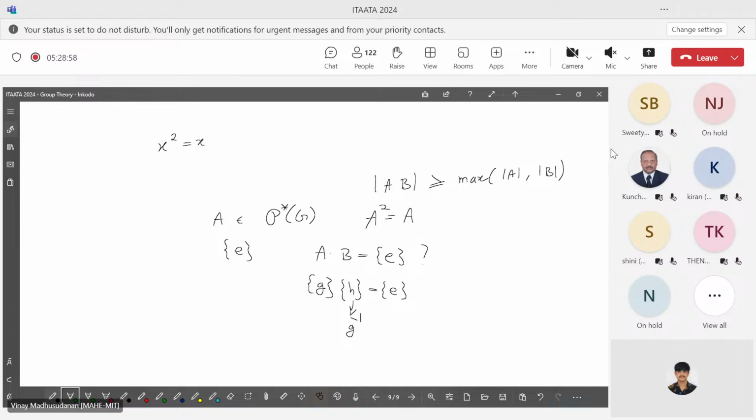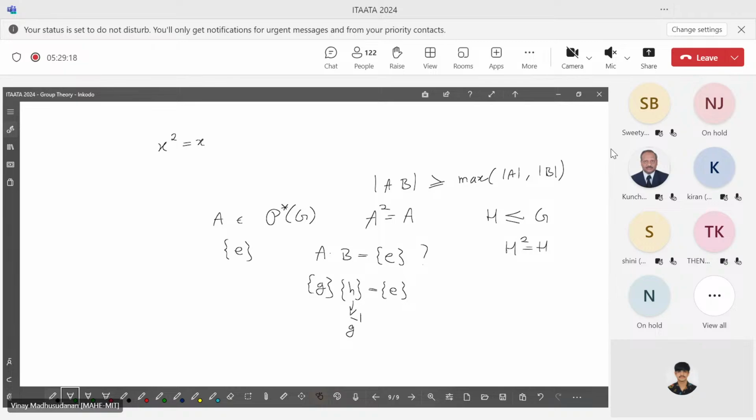The simple case is when A is a subgroup. So if X is a subgroup, it's a sufficient condition but not necessary. Then we already saw X square is equal to X. But even if it is not a subgroup, if it's a semigroup, then it is possible.